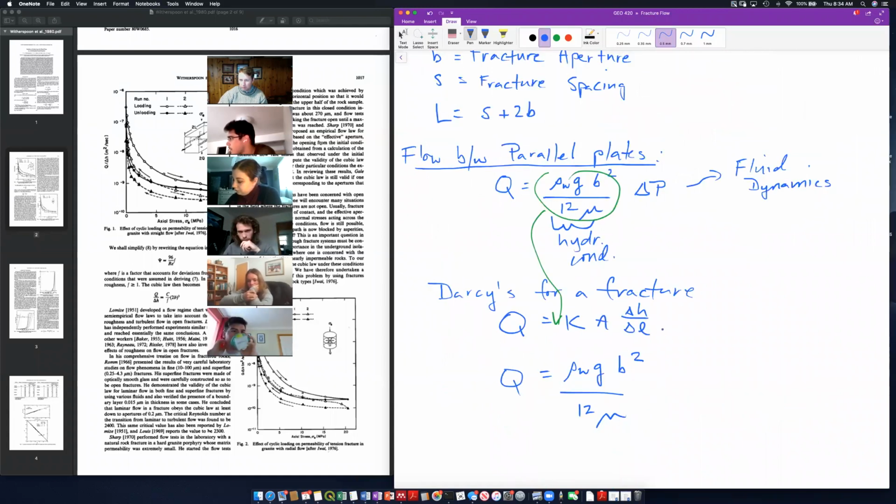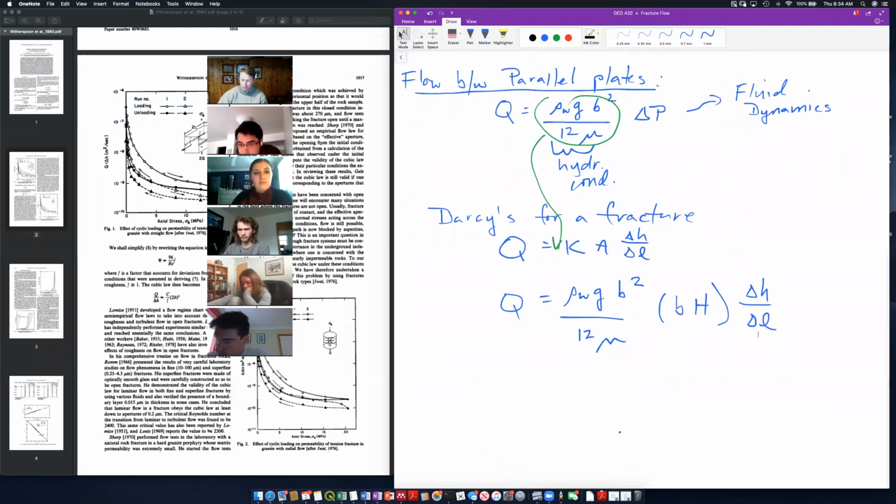So Q, A is B times H, delta H over delta L. So this equation here gets called the cubic law because we can say Q is equal to rho water g B cubed.